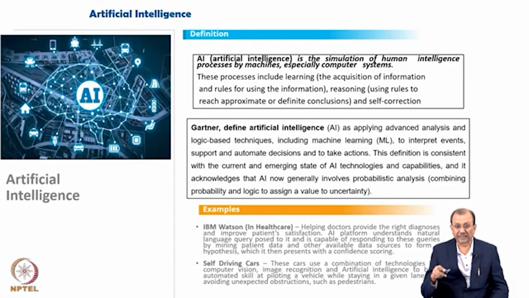The formal definition of artificial intelligence is given by Gartner, a global consultant: AI is applying advanced analytics, logic-based techniques, including machine learning, to interpret events, support and automate decisions, and to take actions. Another function of artificial intelligence is that after taking the decision, it also induces the action, which we will be seeing with some of the following examples.